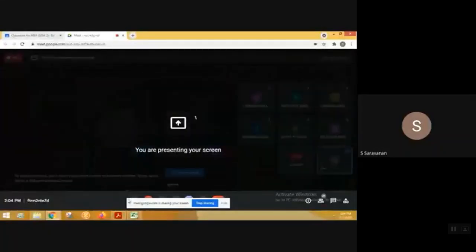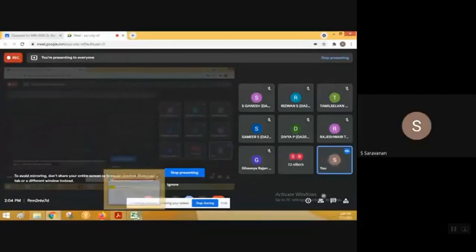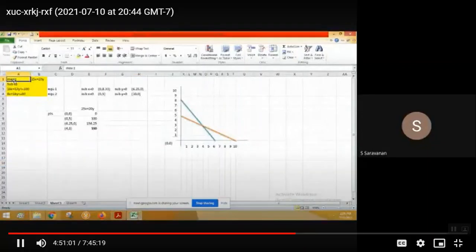Getting loaded, just a minute. Okay, my screen should be visible now. Have a pencil, pen, and if possible, a scale with you.